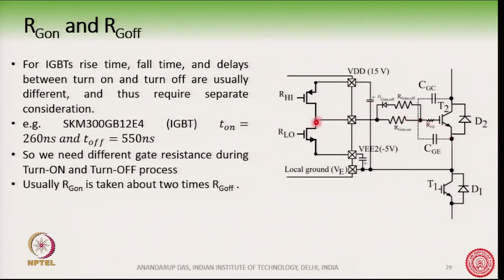It has generally been found that Rg on is taken about 2 times Rg off. Again it is a designer's choice, how fast you want to turn on and how fast you want to turn off. Rg off and Rg on have other implications also.